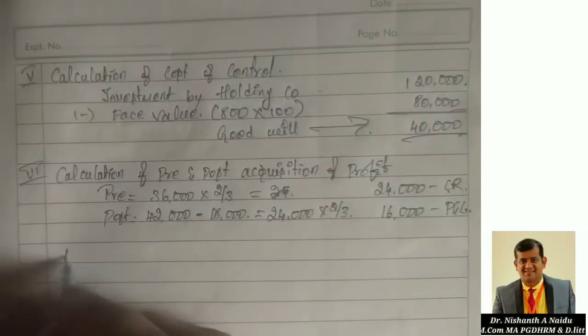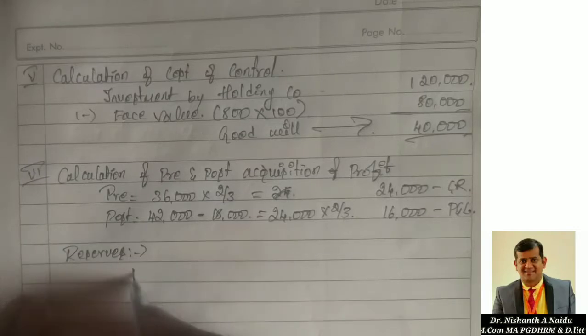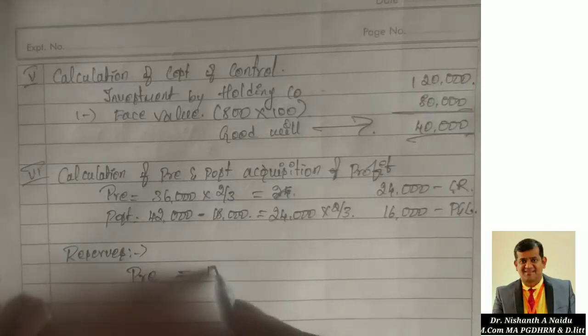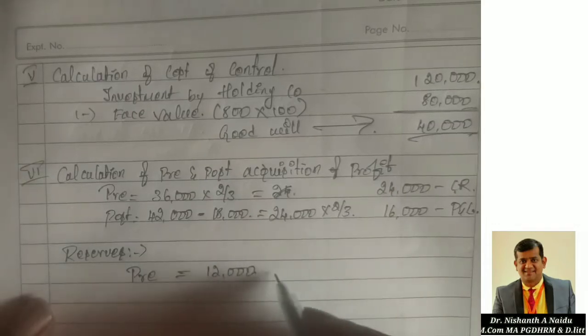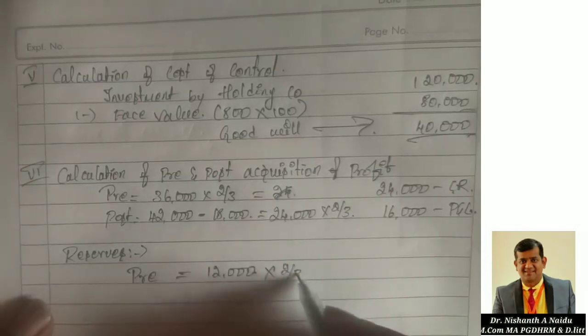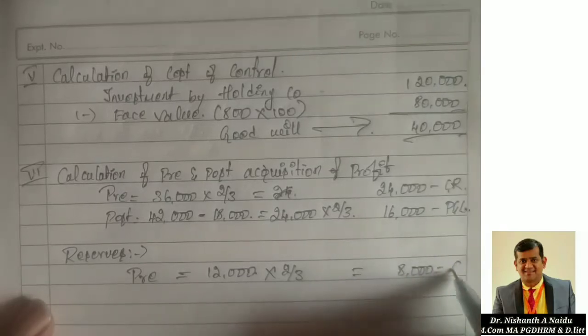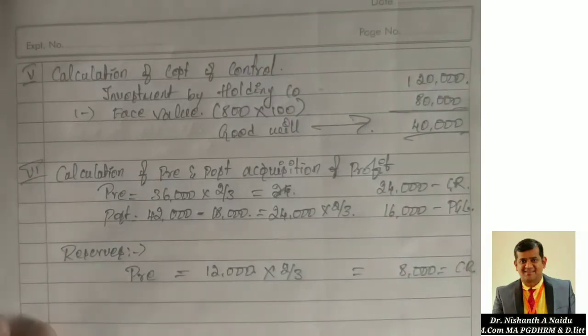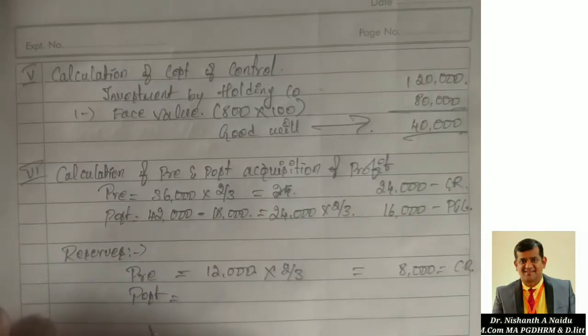The same way, let us calculate for reserves. Pre-acquisition 12,000 rupees, which has been given in the adjustment, into 2 by 3, that is 8,000. Post this to the capital reserve account.